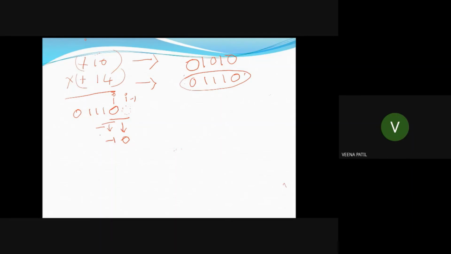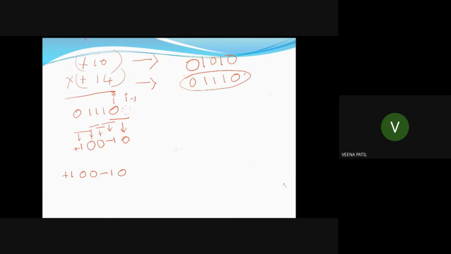Then 1, 1, it is 0. Next 1, 1, it is 0. Next it is 0, 1. It is +1. Okay. So my recoded value is +1, 0, 0, -1, 0. I hope everybody got this.